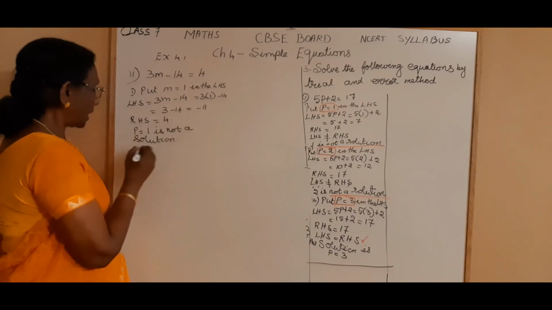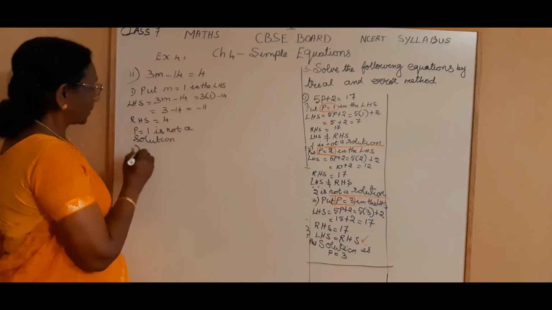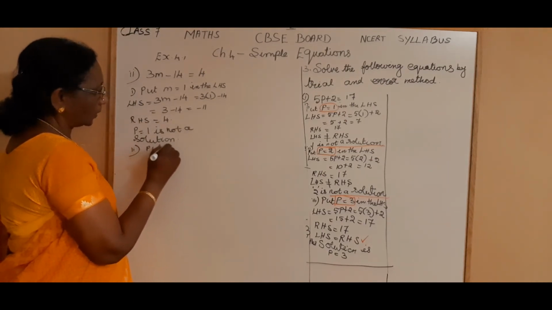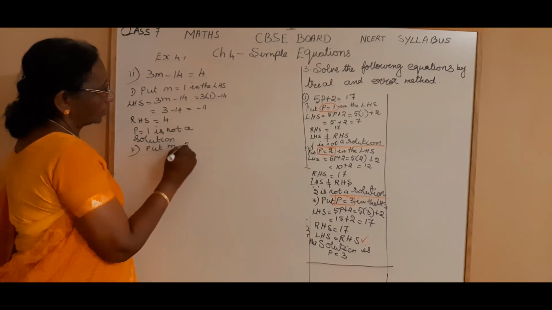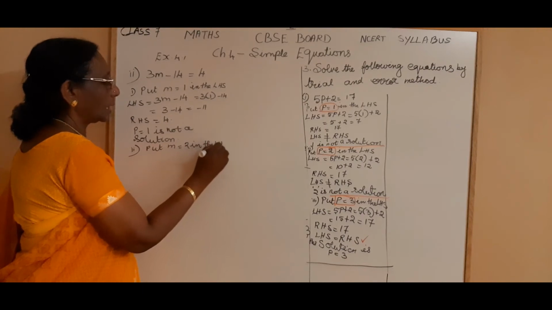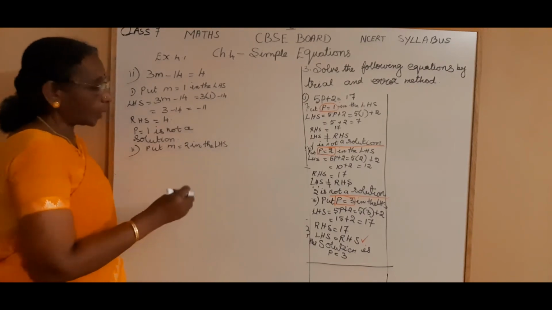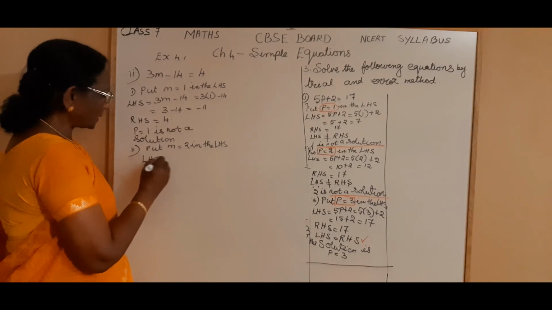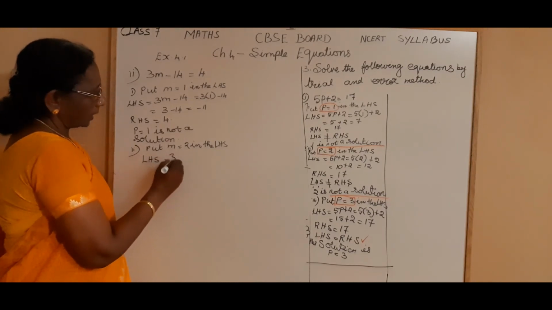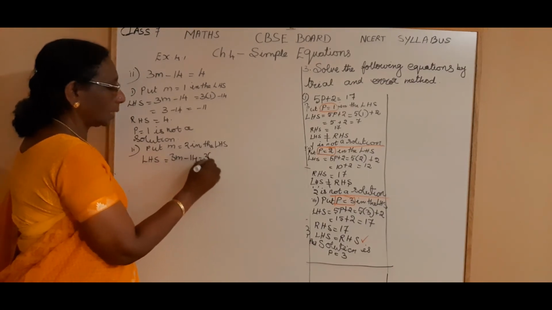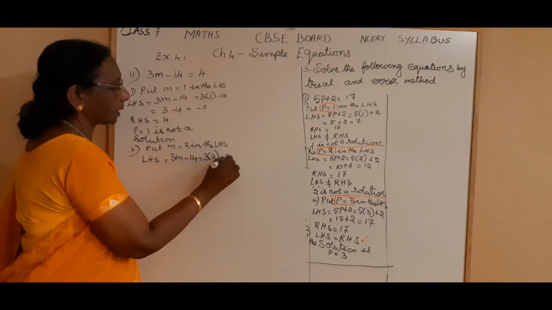Now, we'll try the next step. Put m is equal to 2 in the LHS. So, what do you get? LHS is equal to 3m minus 14, that is 3 into 2 minus 14.